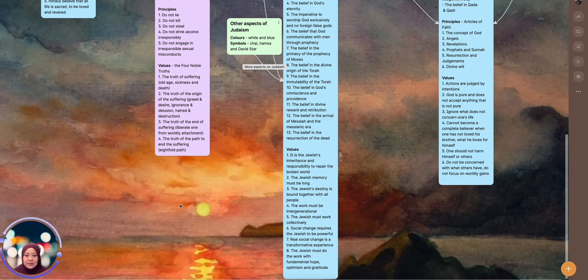So you can actually explain in whatever sequence or arrangement. Number 2, for the value, the Jewish memory must be long. If you look at the situation now, you can see that a lot of Jewish people are very brilliant.